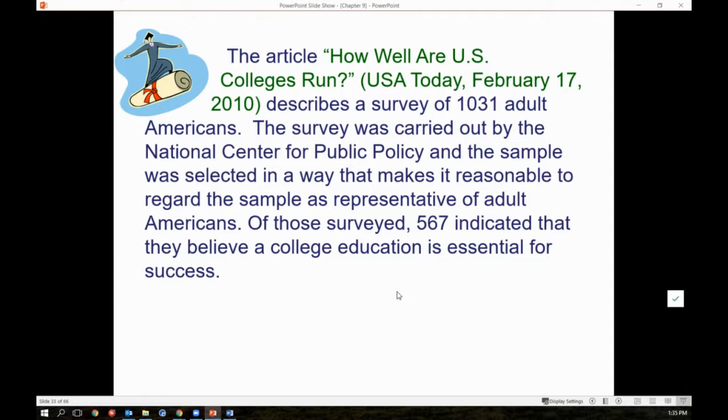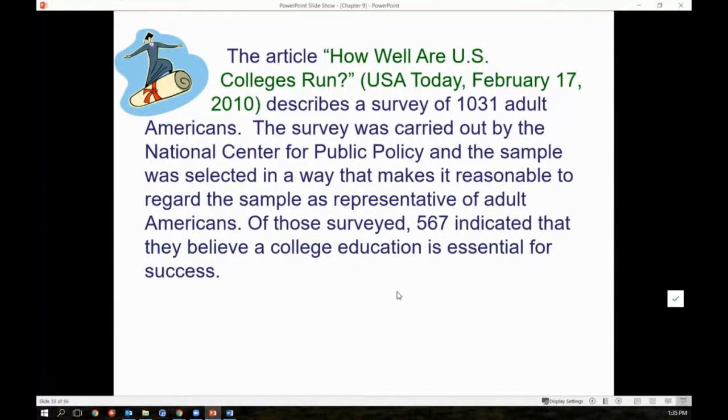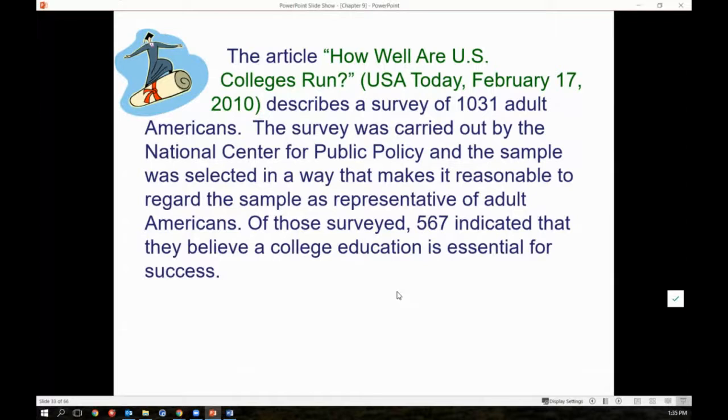The survey was carried out by the National Center for Public Policy, and the sample was selected in a way that makes it reasonable to regard the sample as representative of adult Americans. Of those surveyed, 567 indicated that they believe a college education is essential. So if we wanted to stop right here and get a point estimate, how could we do that? 567 over 1031. Good.